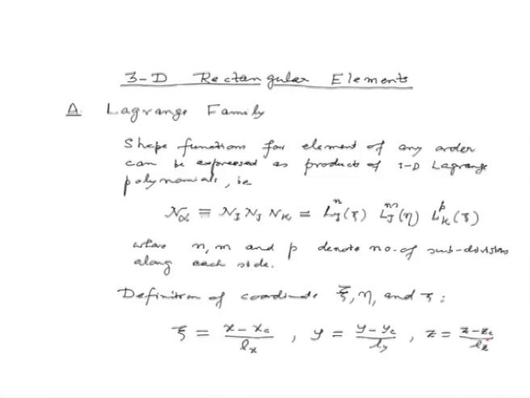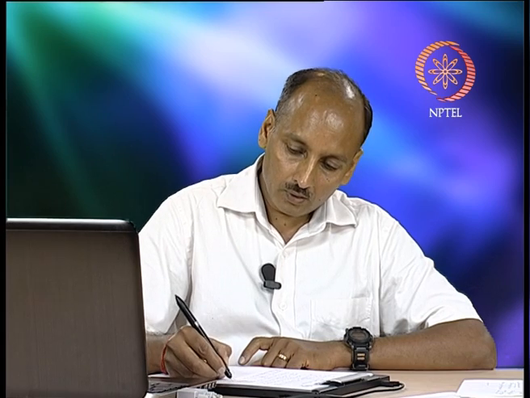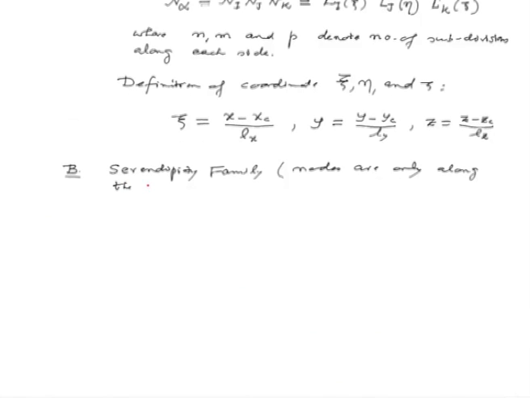Okay. Now, Lagrangian 3D rectangular elements will have interior nodes if the order is more than linear. So, we can have another family which is more widely used, called the serendipity family, in which nodes are only along the boundaries of the element.